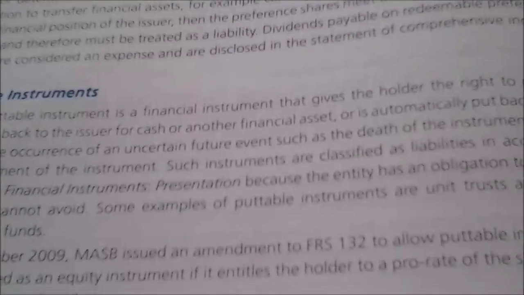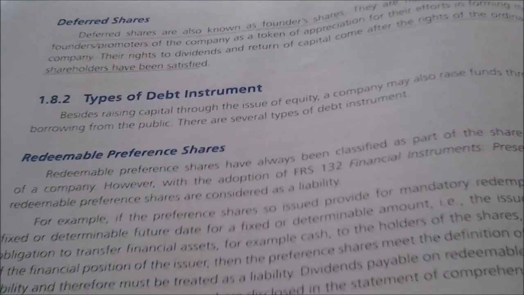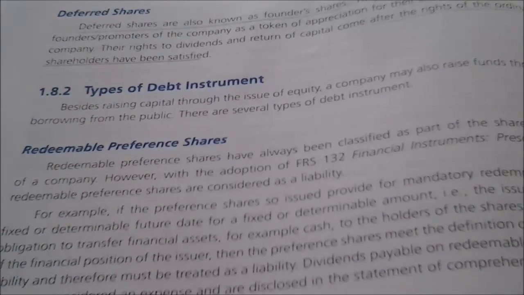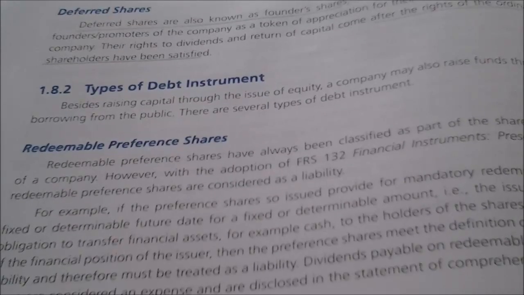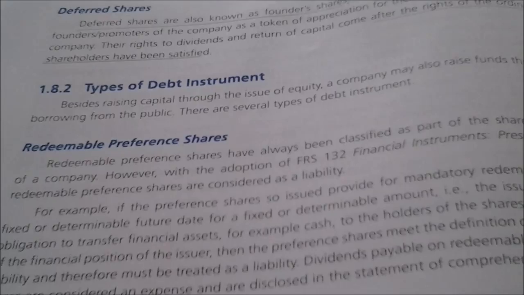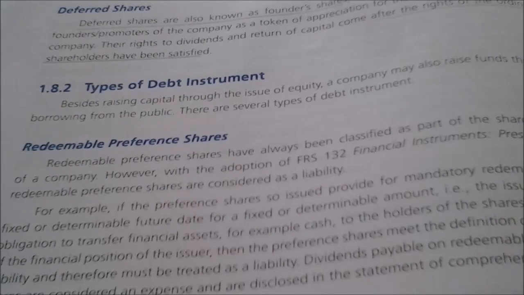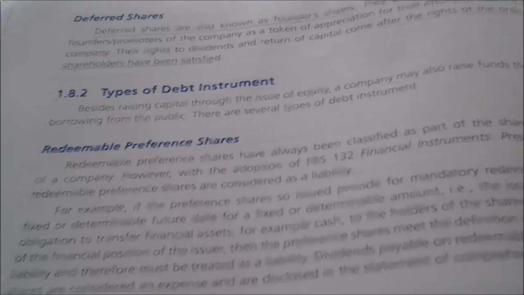Meaning that, let's say I purchase these redeemable preference shares, it will be stated in the document that if I purchase it at a certain amount, after 5 years the company has the right to redeem the preference shares, meaning they will buy back the preference shares from me and pay whatever is stated. So that is called redeemable preference shares, because there is a time frame.